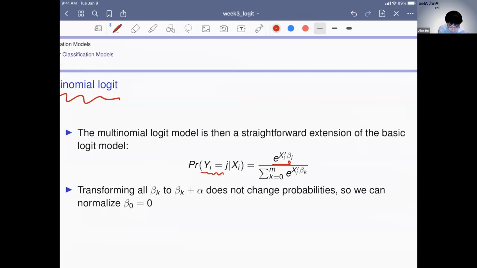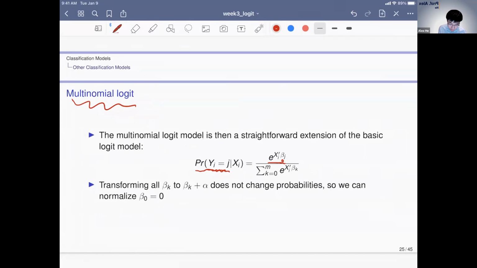That is the probability that y takes the jth category given x. Again, this will be an increasing function in x, and it will also take values only between 0 and 1.